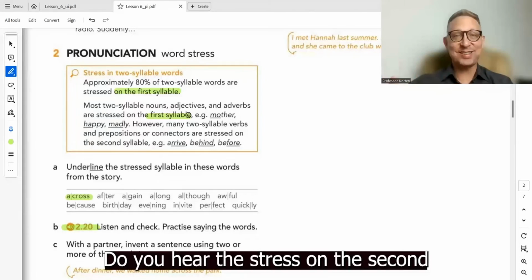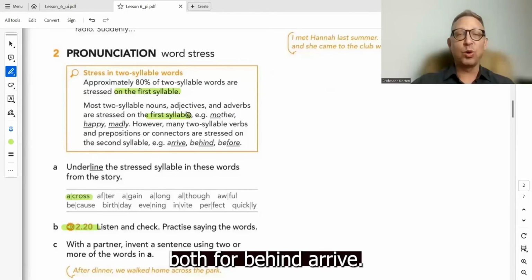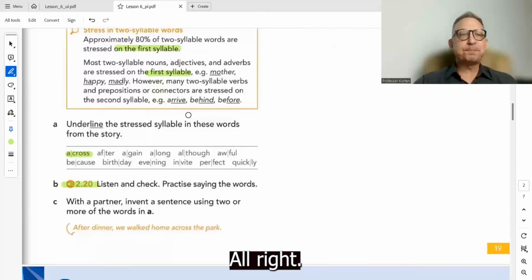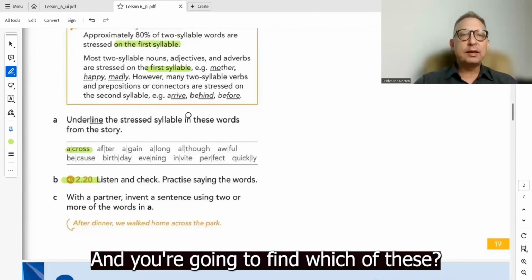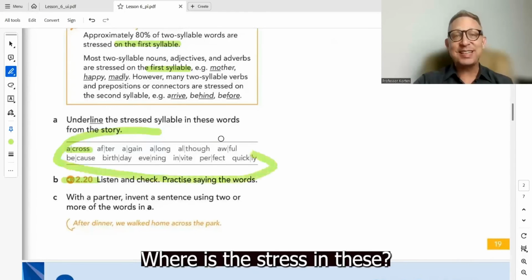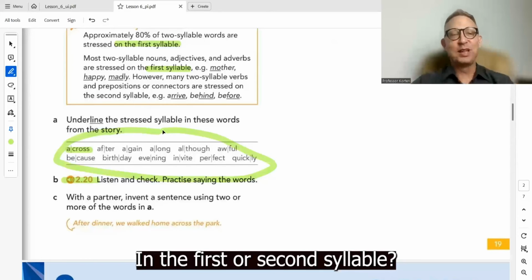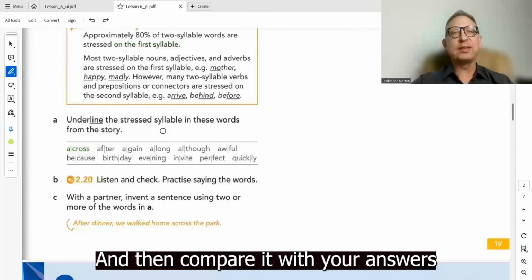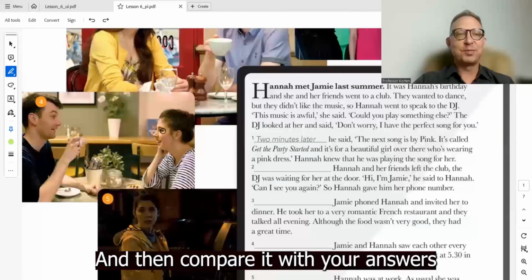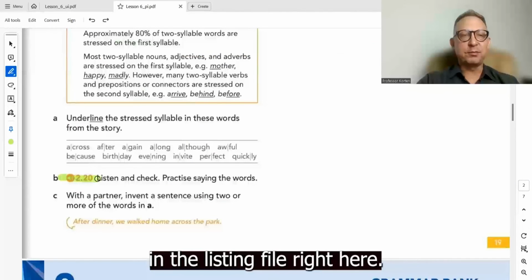Do you hear the stress on the second? Before, behind, arrive. All right. You're going to find where the stress is in these, in the first or second syllable, and then compare it with your answers in the listening file right here.